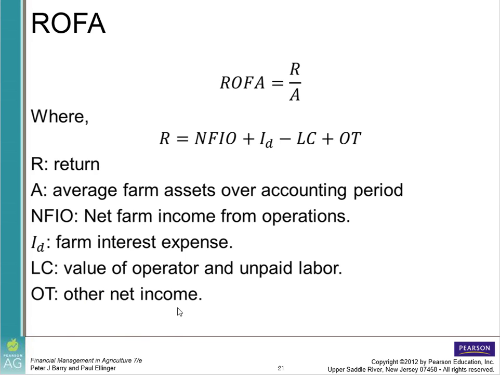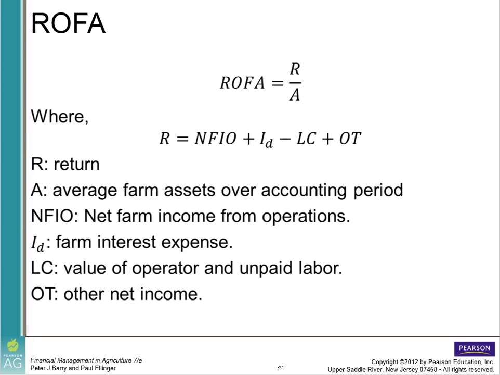And then, of course, you have other net income, which is added on. Notice that there's a negative here because the LC is a cost to you. So NFIO plus ID minus LC plus OT is your return. And then return over the average farm assets over the accounting period gives you the rate of return on farm assets. Okay.